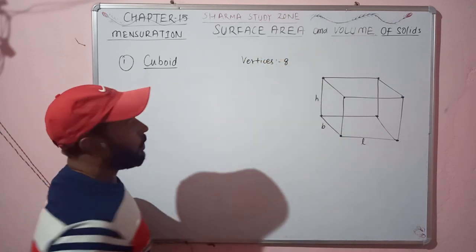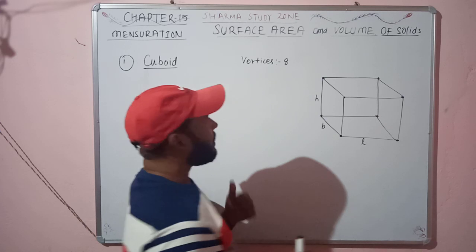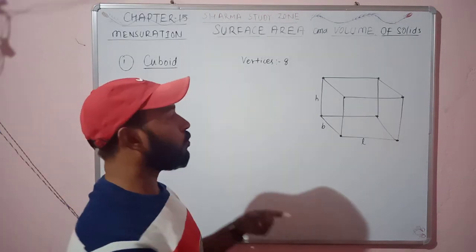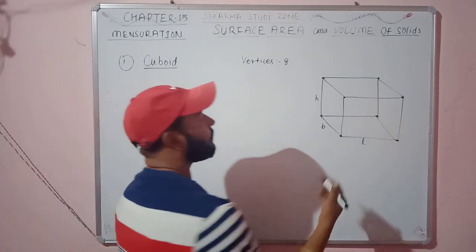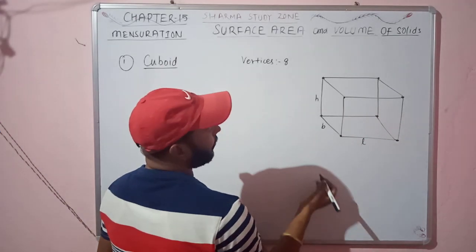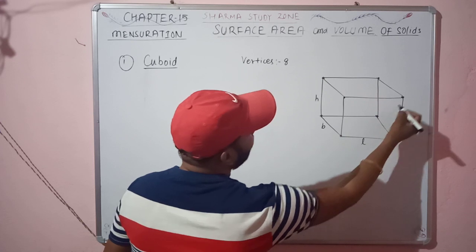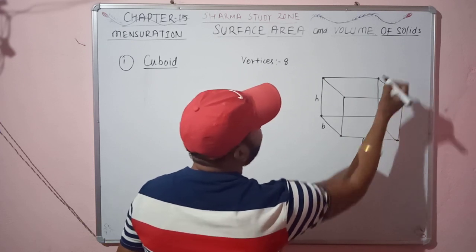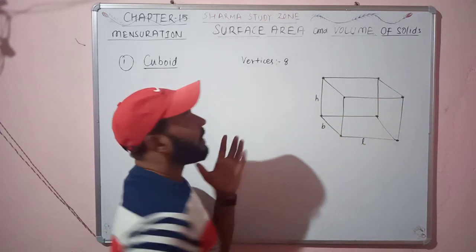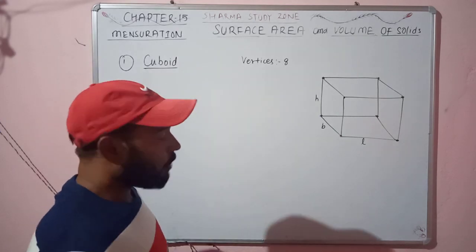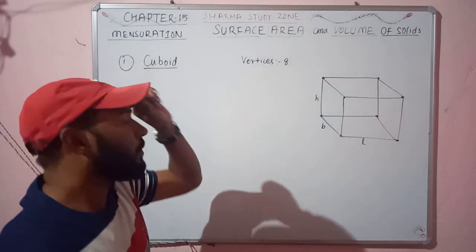What is a vertex? A vertex is the corner where two or more lines meet at a point. You can see these corners where more than two lines are meeting at a point. These corners are known as the vertices. So in a cuboid we have 8 vertices.